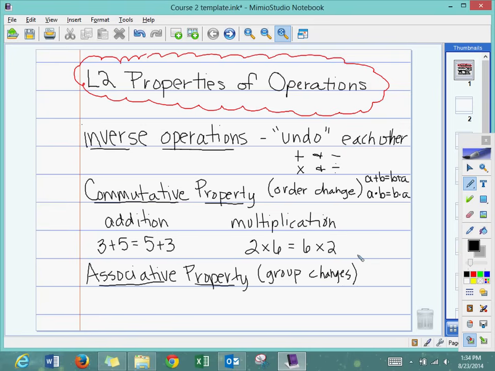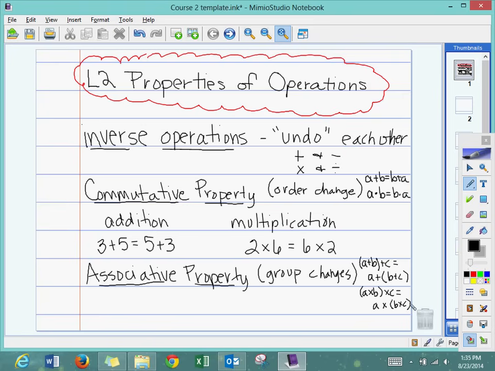We're going to have parentheses here: A plus B in parentheses plus C can equal A plus, now the B plus C are in parentheses. And the same thing would happen if that were multiplication. You could have A times B in parentheses and then multiply that times C, and then you could also have A outside the parentheses times B times C.